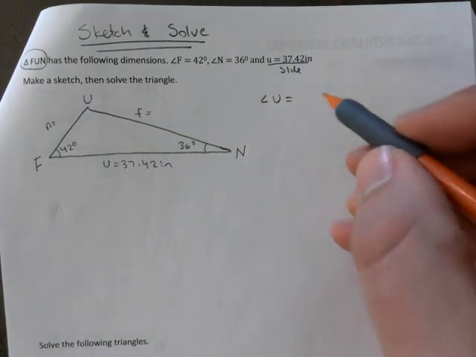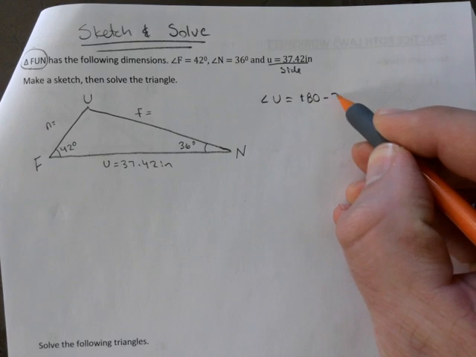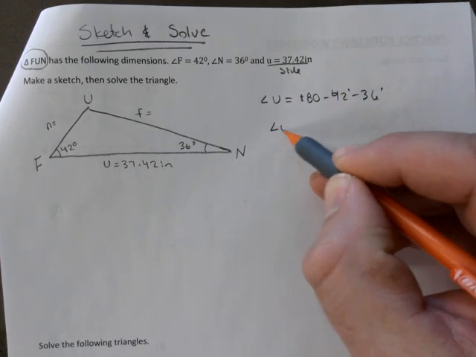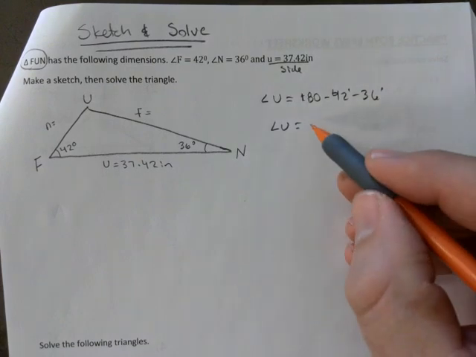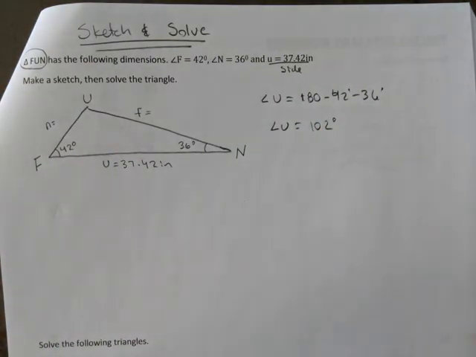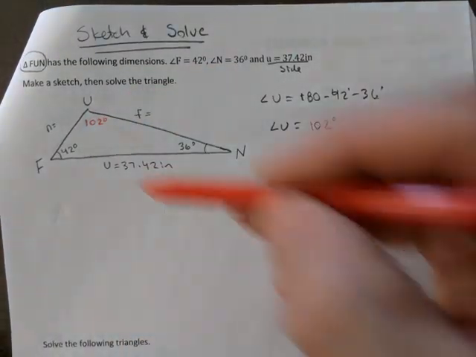Angle U. This is called the hidden pair. Remember that one? 180 minus 42 minus 36, and you get 102 degrees there. You can now write that in, and there's your pair.